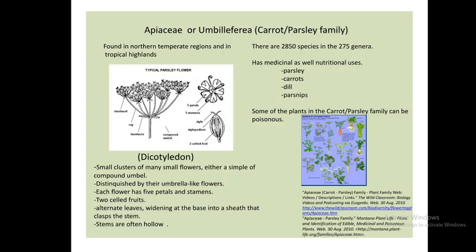The ovary is crowned by a characteristic bilobed glandular disc called the stylopodium. On the 2 lobes of the stylopodium, there are styles ending with capitate stigmas.